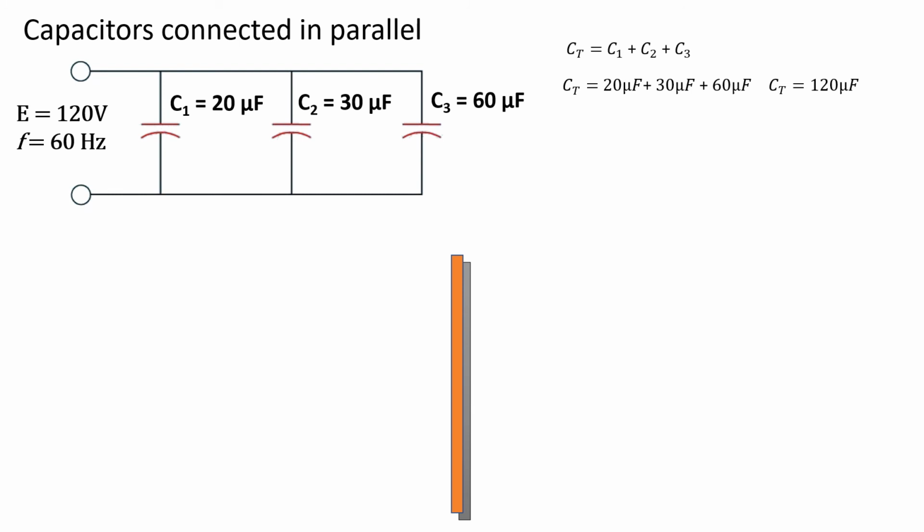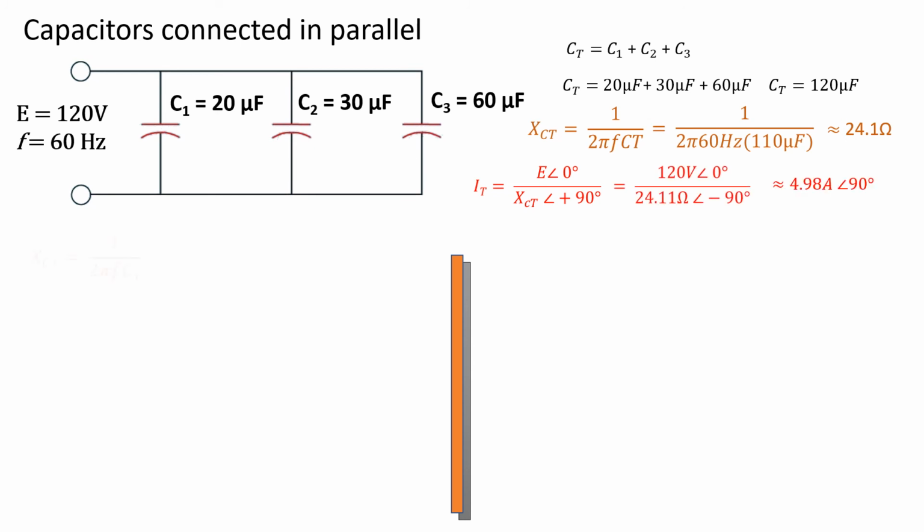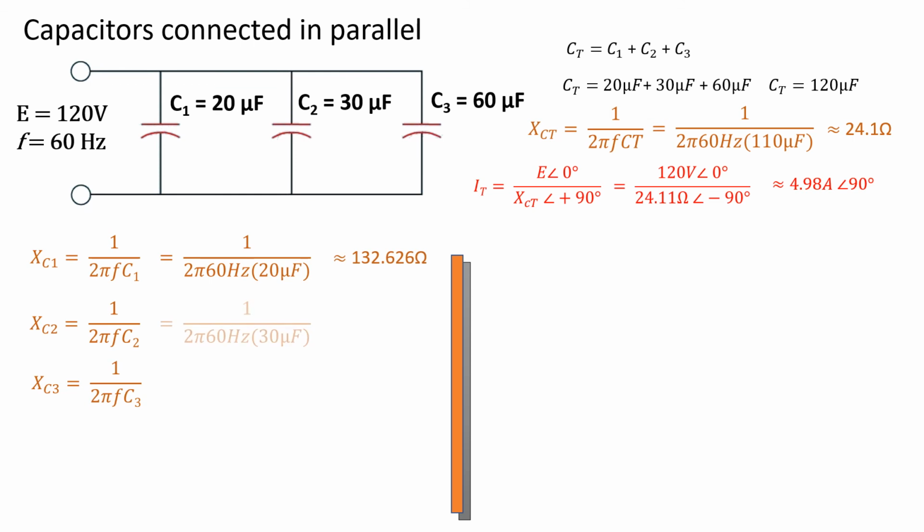Our total capacitance is now 120 microfarads, which now results in a total circuit reactance of 24.1 ohms, which will then result in a current of 4.98 amps. Now, we'd already done the calculation on each of our individual reactances in the last problem, just as we've changed the configuration from series to parallel.